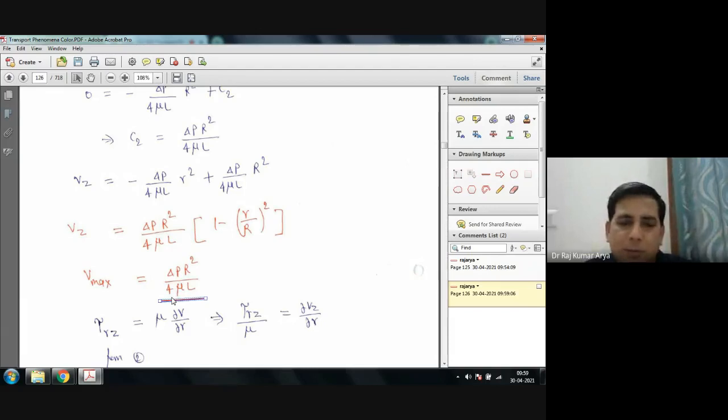Or you can say I want this much maximum velocity, and you can calculate what pressure drop should be applied at both the ends, right? So you need not perform any practical. You can come to know from here what could be my theoretical values to get that particular velocity or that much pressure drop.